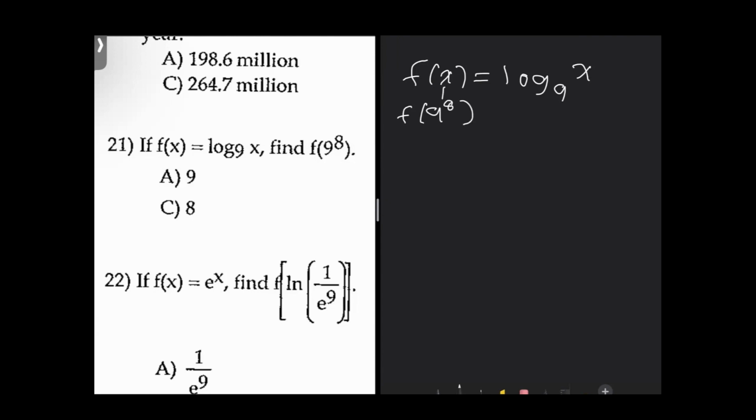So we're replacing x with this. Therefore, we have log base 9, replacing x with 9 to the 8th power.